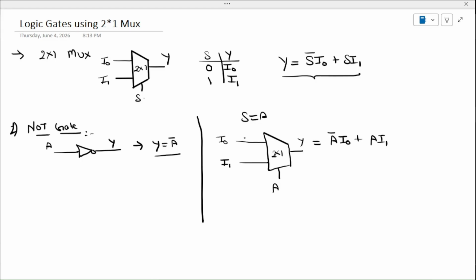If you put I0 equals 1 and I1 equals 0, the equation will be A bar dot 1 plus A dot 0. The final equation will be A bar. So by using this, we can implement the NOT gate.